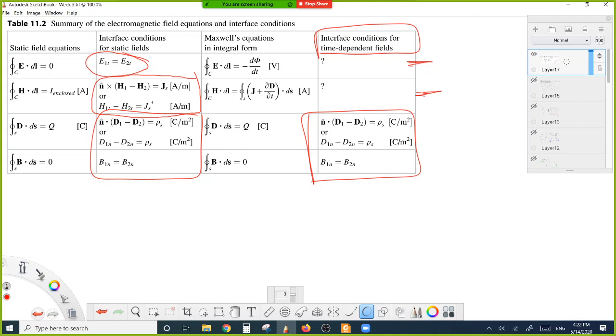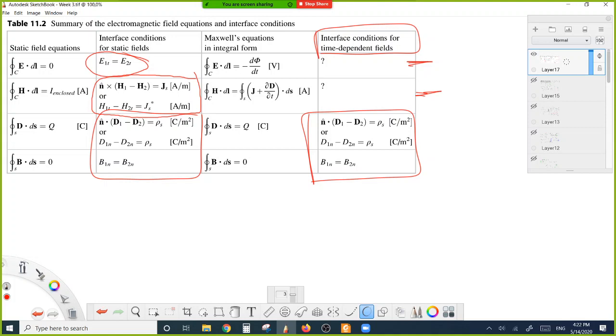By an interface, we mean an infinitely thin boundary with no properties of its own. On each side of the interface, the materials have uniform properties and are linear. The interface may contain surface current densities and surface charge densities. This is the first rule.